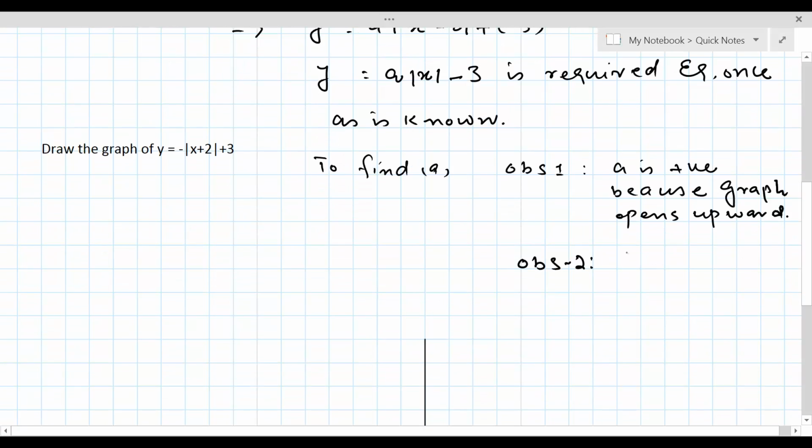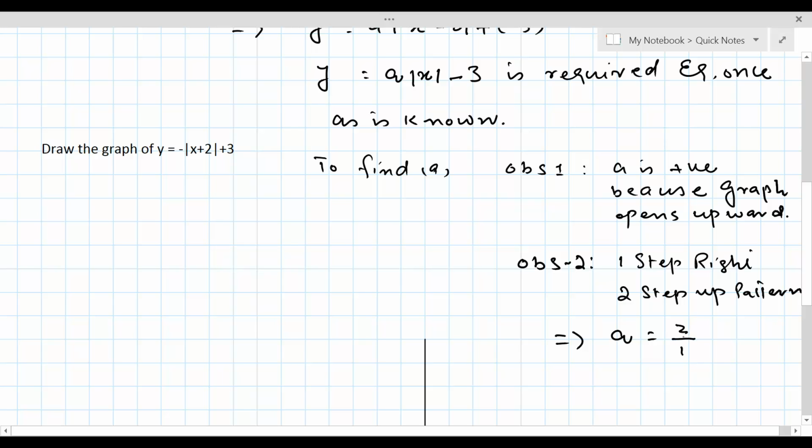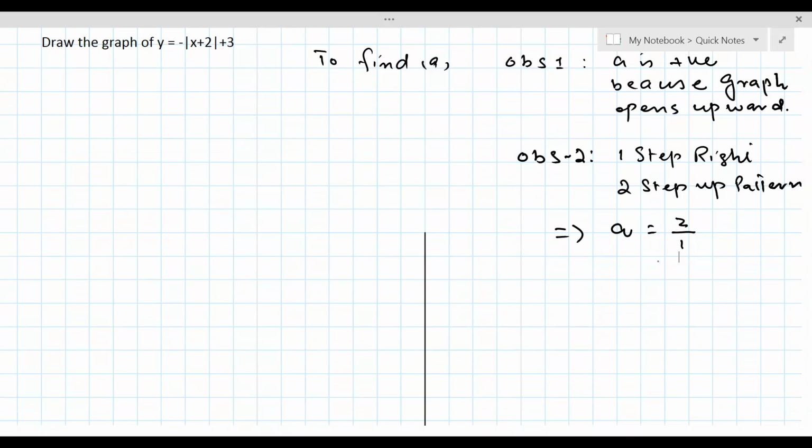So observation 2, 1 step right, 2 steps up pattern, which means a is equal to 2/1, means a is equal to 2.